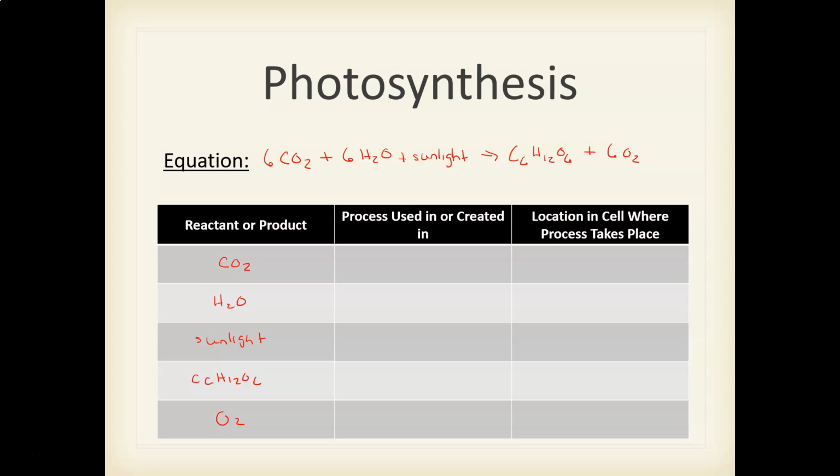Carbon dioxide gets used in the Calvin cycle. H2O is going to be used in the light reactions. Sunlight is also used in those light reactions.